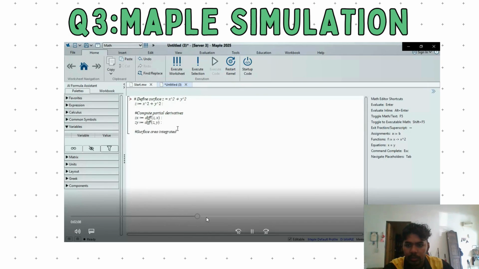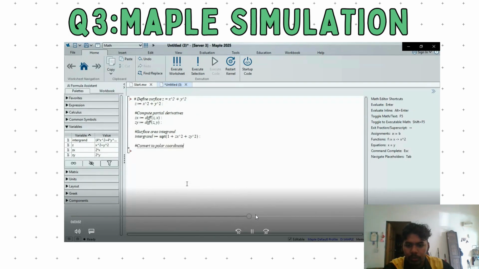And the next step is we use the surface area integral, where we have to find the surface area by using the square root of 1 plus zx squared plus zy squared.